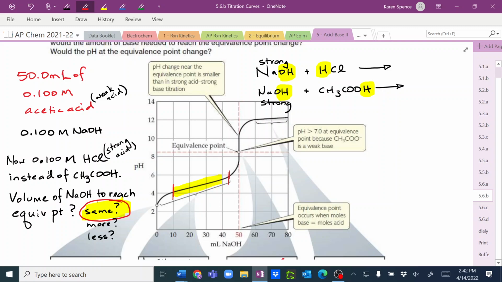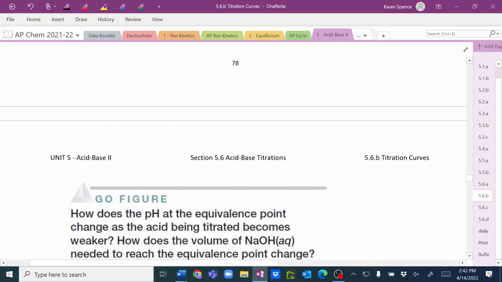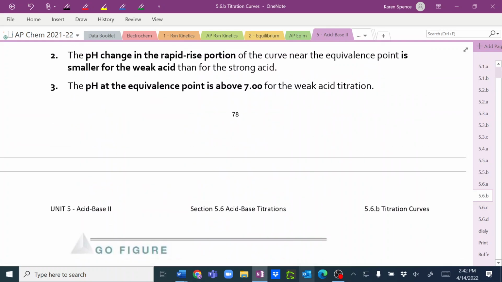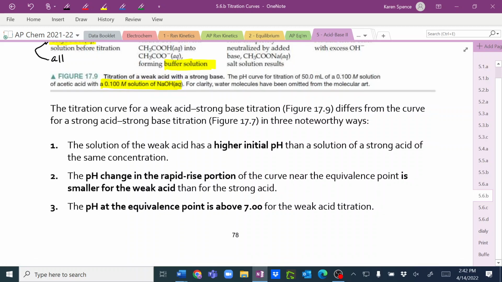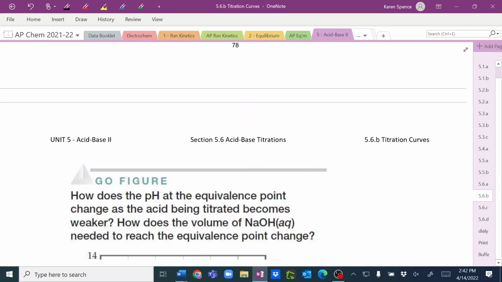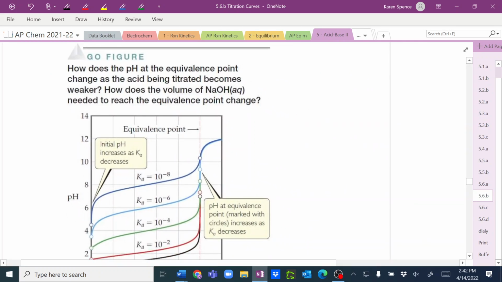What would happen to the equivalence point if we used HCl instead of acetic acid? It would be at 7 instead of above 7. Okay, very good. How does the pH at the equivalence point change as the acid being titrated becomes weaker?